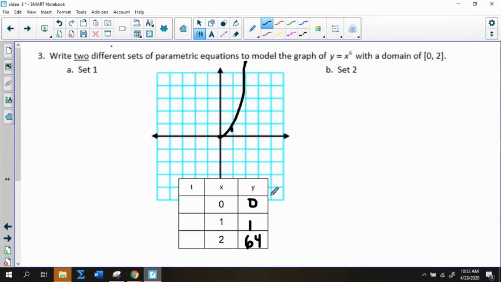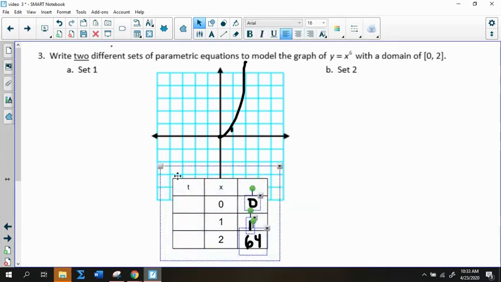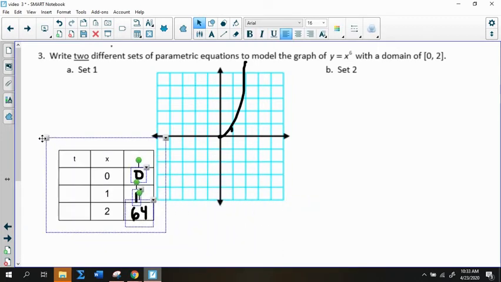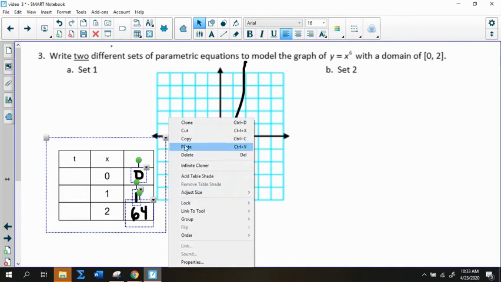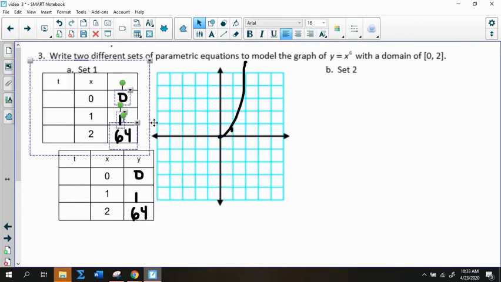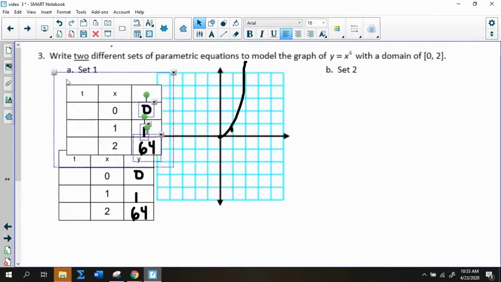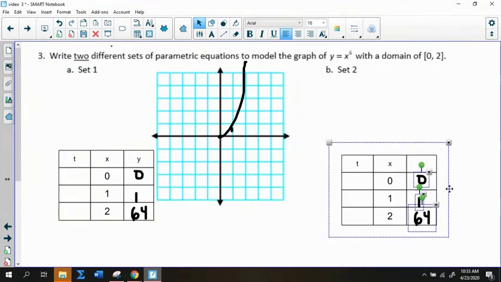The easiest way to do these problems, in my opinion, especially with time starting at 0 like this, or x starting at 0, is to just make time and x start with the same value. Sorry, I'm just copying this over here so I have it twice.